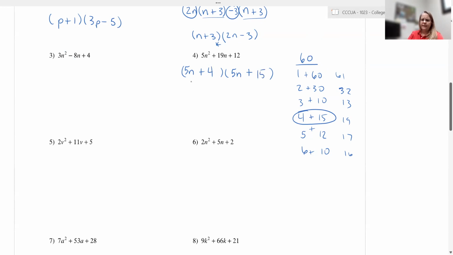At this step, I have to look at both binomials and see, do I have a greatest common factor in either one of them? In the first one, 5n and 4, nothing common. But in the second one, I have a 5 in common, so I've got to take that out of there. So I'm left with 5n plus 4, n plus 3.